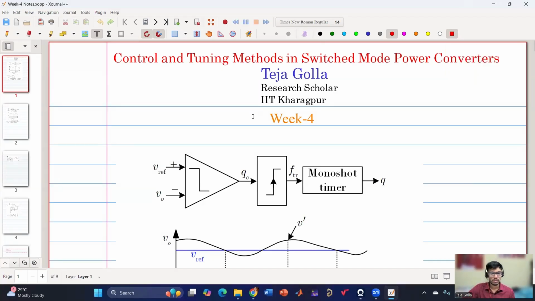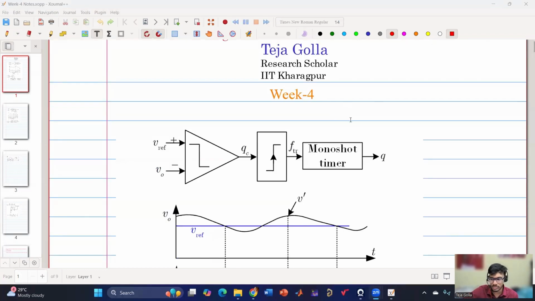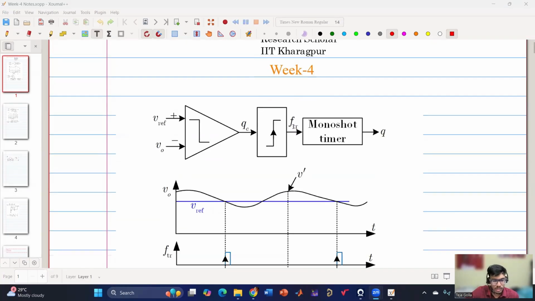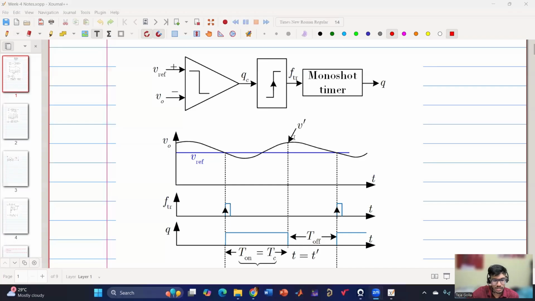Okay. So let us start with some basic introduction to the architecture of variable frequency control methods, and then we'll also solve a few problems subsequent to this. Can you identify which control this is?